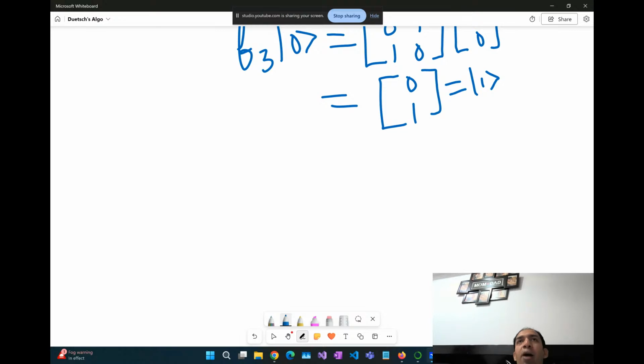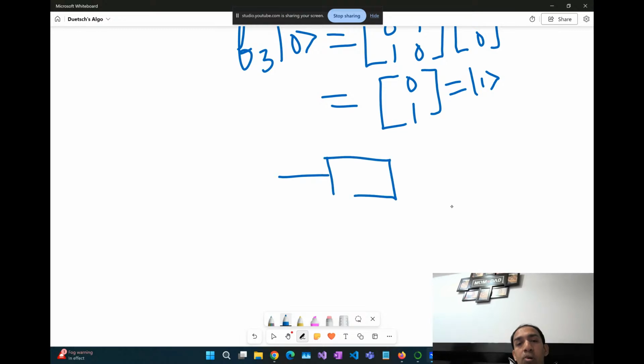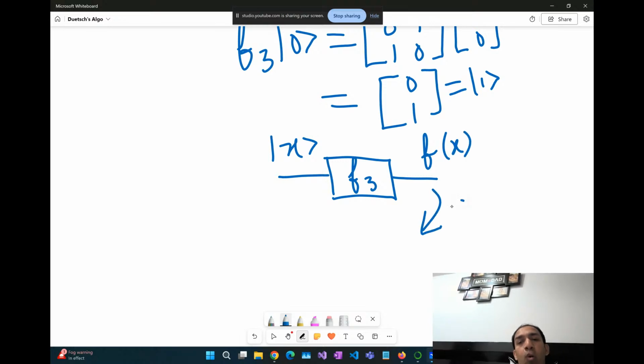So, what I'm trying to do basically over here is I'm trying to represent this particular function, right, with, let's say, ket x with f(x) as an output. I'm trying to transform this circuit to a quantum circuit, right? Why?